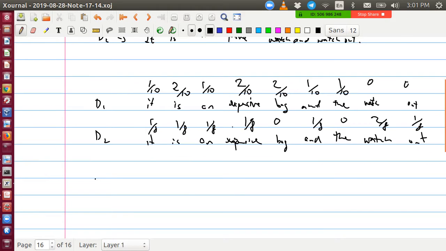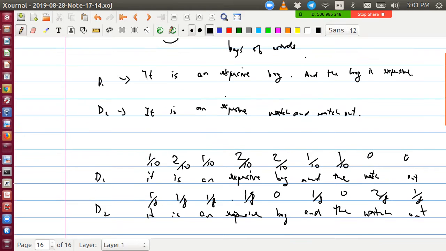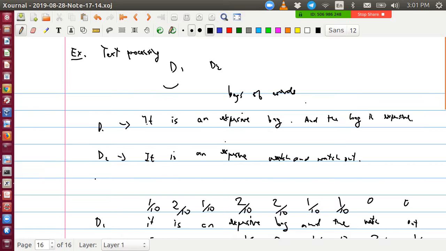So okay, let me continue where we left off last time. We were talking about KL divergence near the end. KL divergence, if you remember, is defined for two distributions, which can be either discrete or continuous random variables.